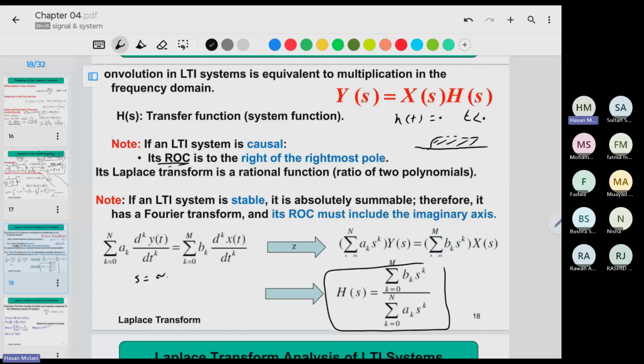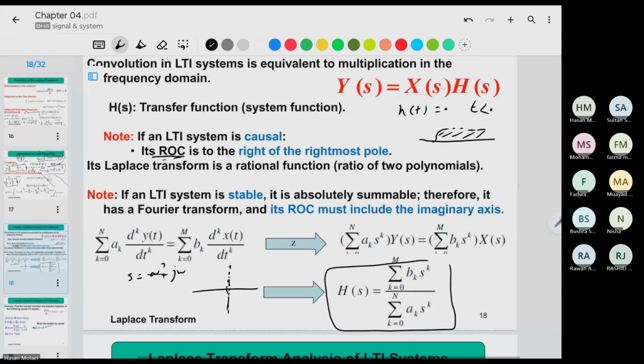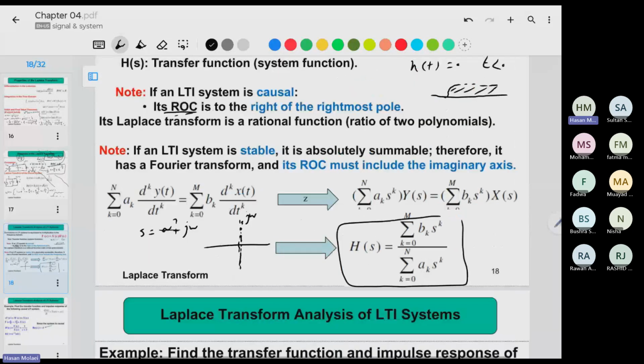If we put sigma 0, which means if the imaginary axis is in the ROC. If ROC includes the imaginary axis, j omega axis, we can say the system is stable.